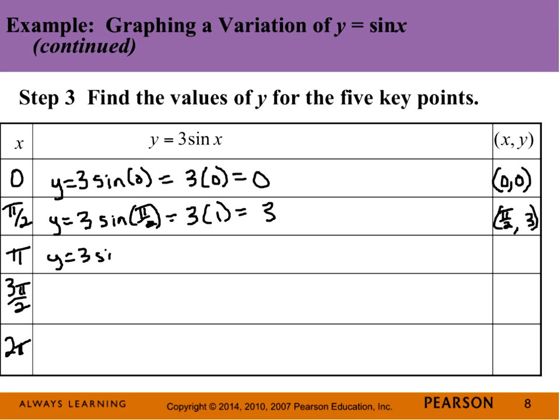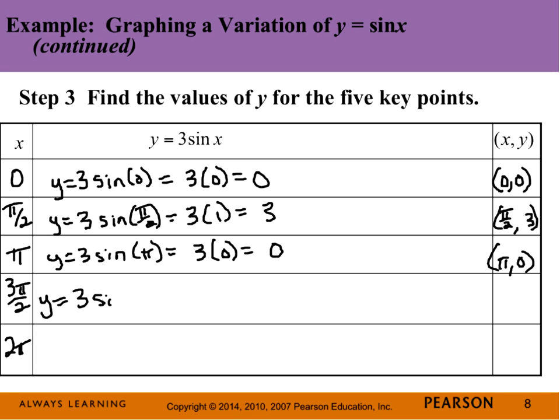Y equals 3 times the sine of pi is 3 times 0, so that brings me back to 0. So you can already see the cyclic nature of these functions here.